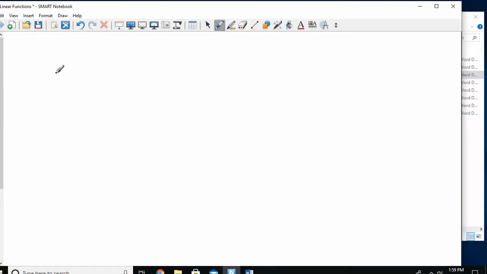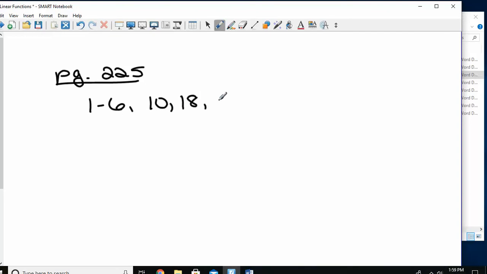I want you to do, there are a couple sections, this looks like a lot of problems, but there are some matching problems and things in here, so those go pretty quickly.